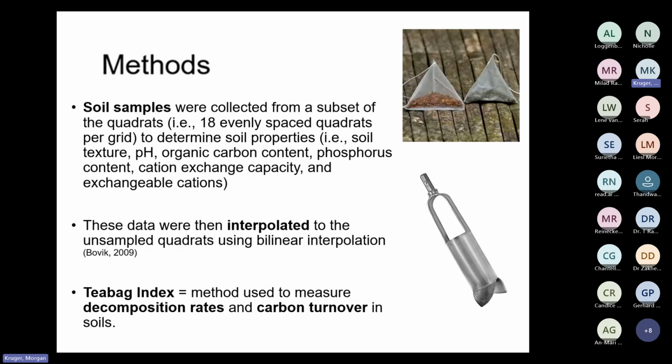We also collected soil samples from these grids, but unlike the trait samples and the species IDs, we can't collect soil samples from every single 1-meter squared cell because this is impractical. So soil samples in this case were collected from a subset of the quadrants, 18 evenly spaced quadrants per grid, to determine soil properties, things like texture, pH, carbon contents, cation exchange capacity, and other things.